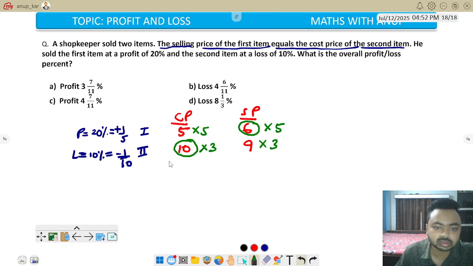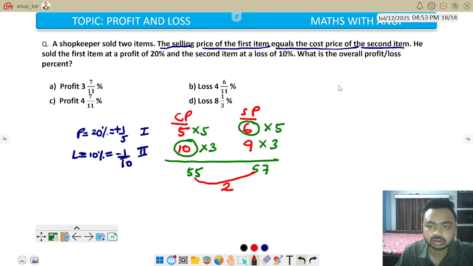So overall profit or loss percentage, how much will it come out? 6 into 5 is 30, 9 into 3 is 27. 30 plus 27 comes to 57. Overall SP is 57 and overall CP is 25 plus 30, it is 55. So there is a gain of 2.